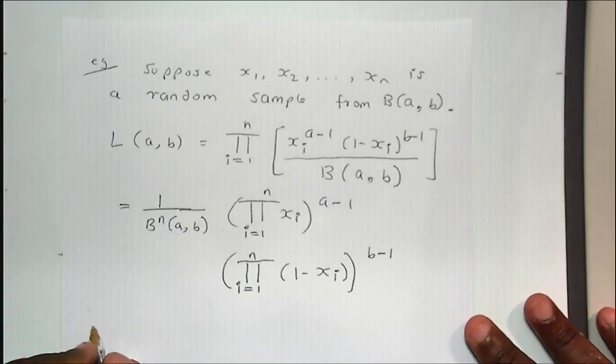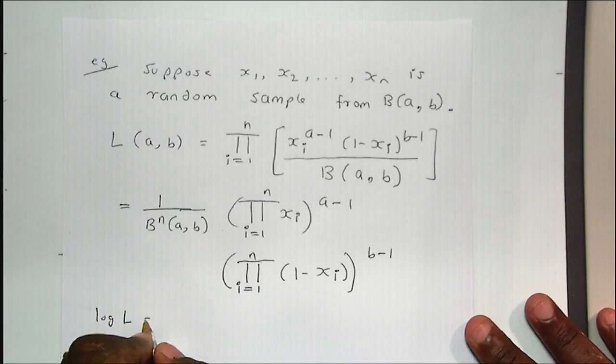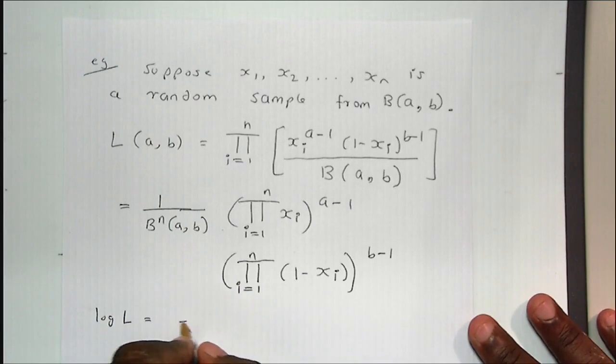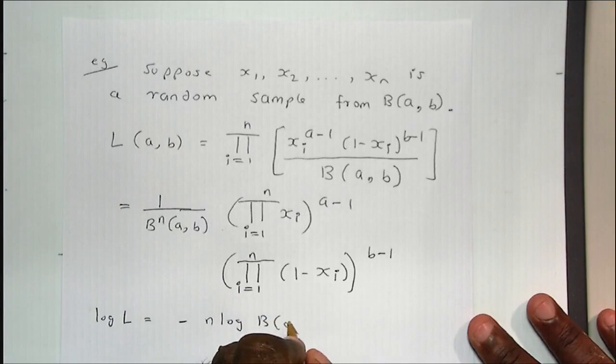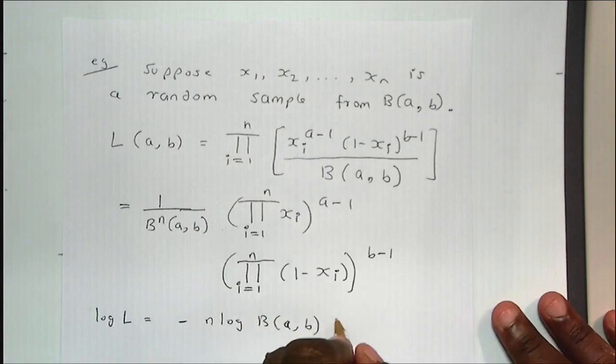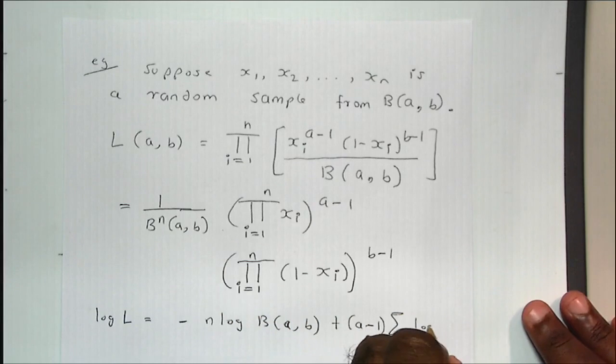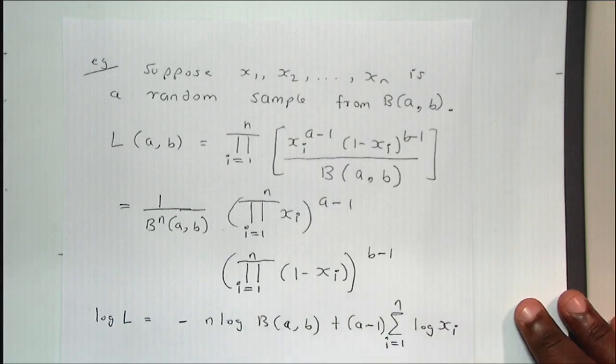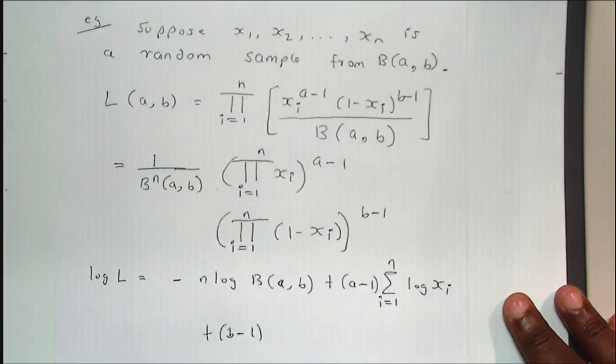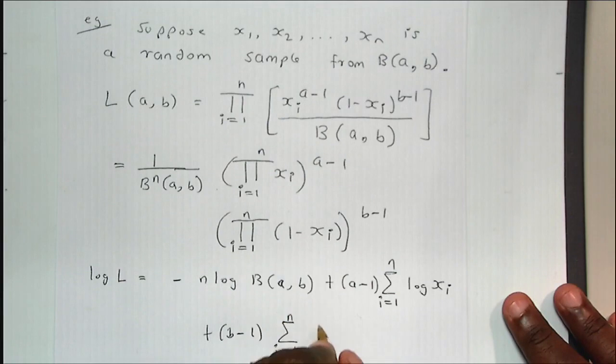The second step is to take the log of the likelihood function. So that will give you minus n log of, this is the beta function, plus a minus 1 times this, plus b minus 1 times the log of 1 minus xi.